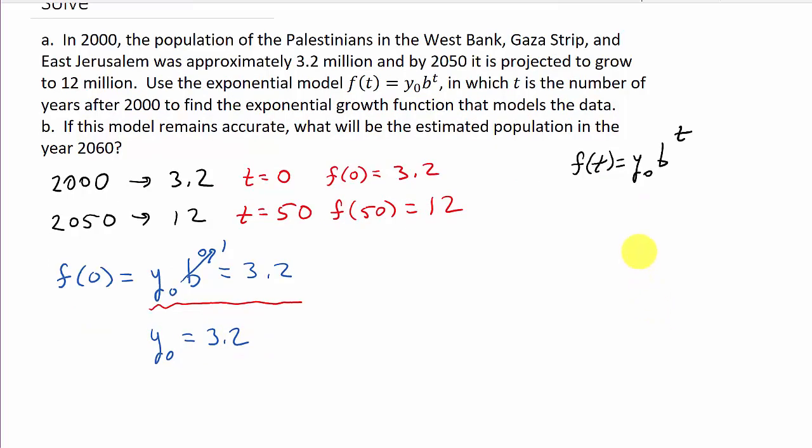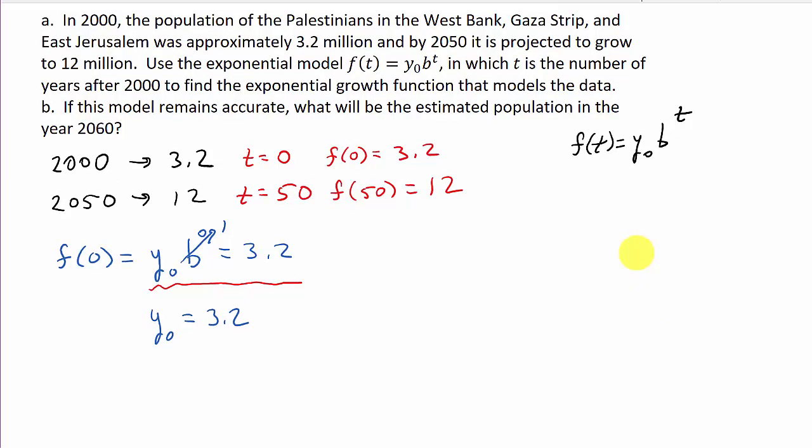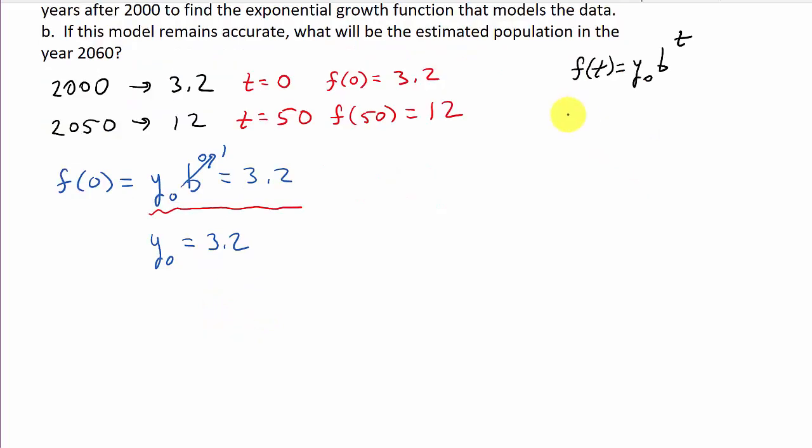So there's y naught, or y sub 0, however you want to say it. Now we can take the 3.2 and plug it in for y naught. That gives us f of t is equal to 3.2 times b to the t.